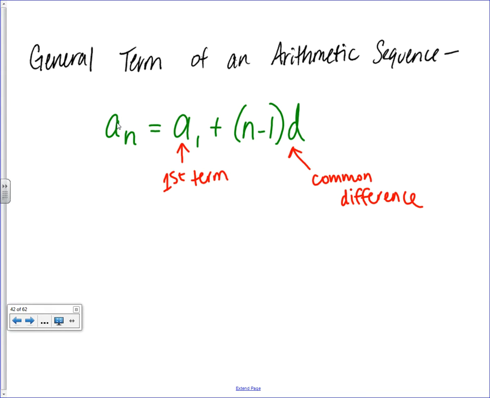And the N that you see here and here is the term you are finding. So for example, if I'm finding the 50th term, that n will be a 50. If I'm finding the 18th term, that n will be an 18.